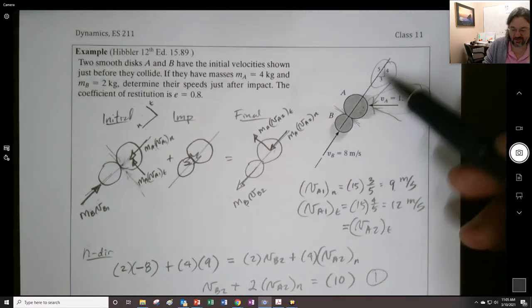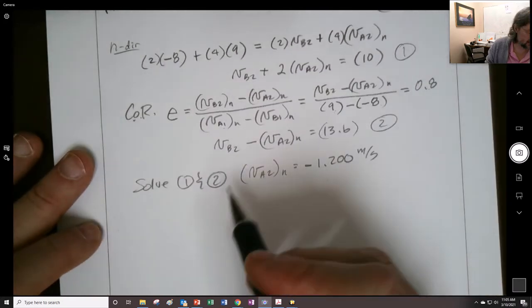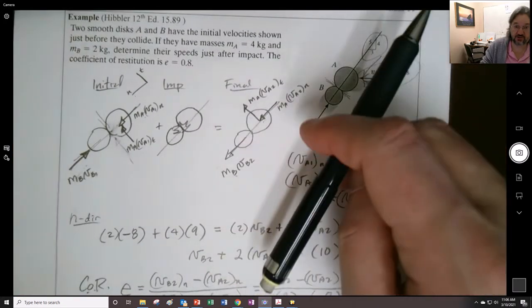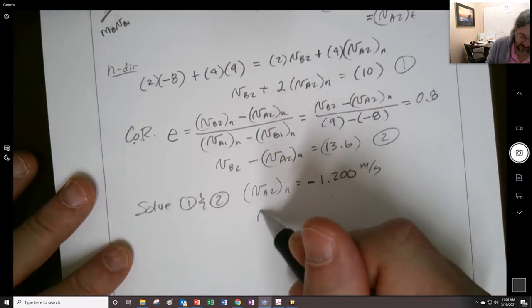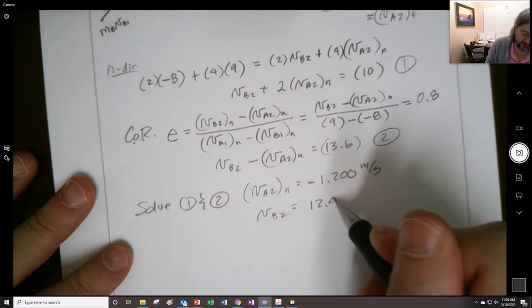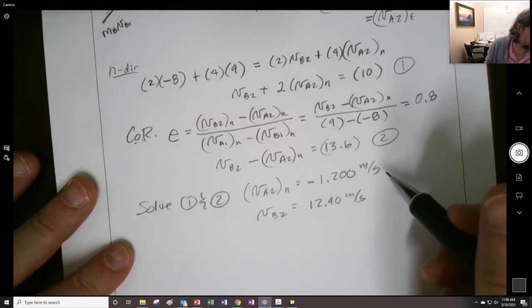Counterintuitive, but maybe it's because this only had 9 in that direction. So it does bounce off and go back upwards that way. And then we also found that VB2 was going to be positive, which we were pretty sure of, and it's going to be 12.40. So that's pretty impressive that it has changed direction right here.